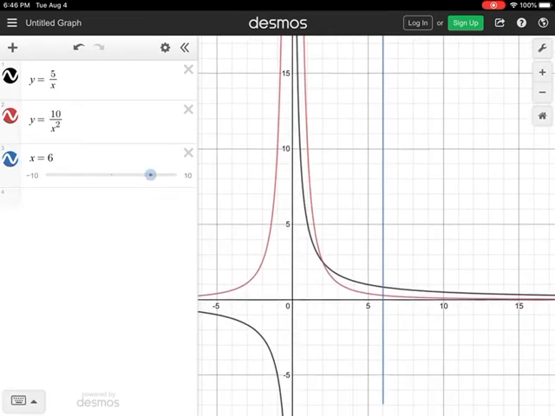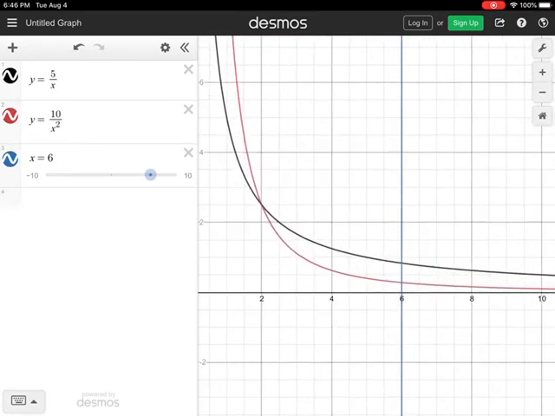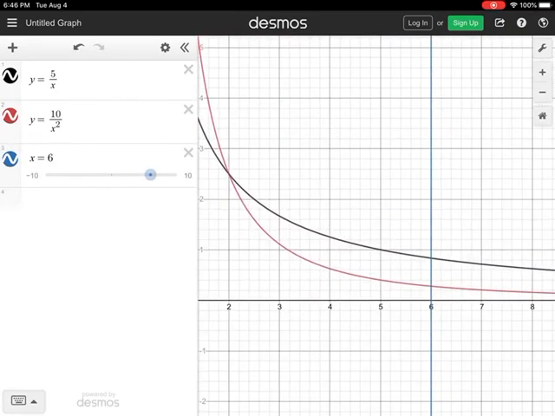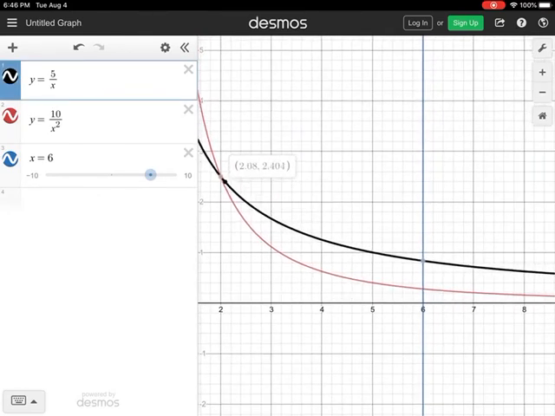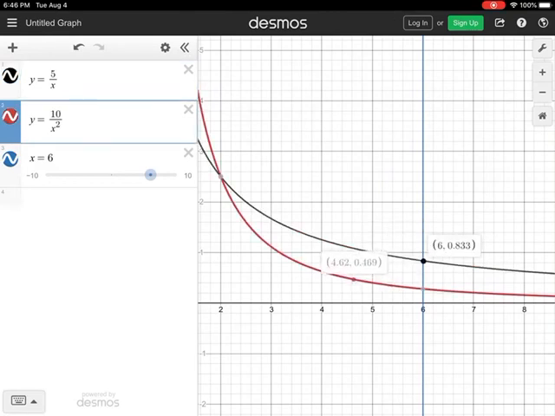Let's see what we're looking at here. So let's expand this. It looks like we're looking for the area that is underneath the black line, to the left of the blue line, and then above that line. So in this area, which function is on top? The function that is on top is 5 over x.